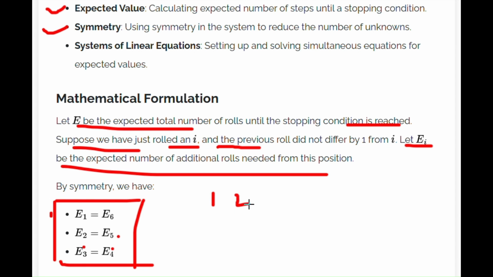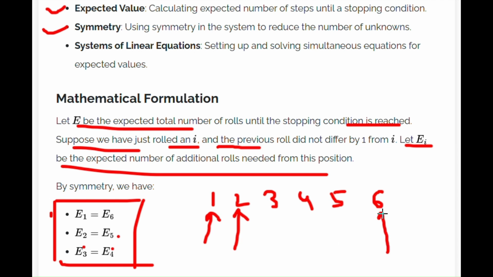Now, you can think about it this way. If you have the numbers 1, 2, 3, 4, 5, and 6, let's say you just rolled a 1. In this case, your success condition is given by 2. So if you roll 2 on the next turn, you have reached your final state, which is the absorbing state.